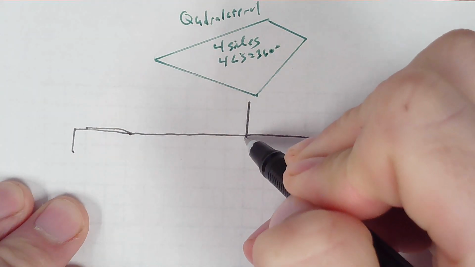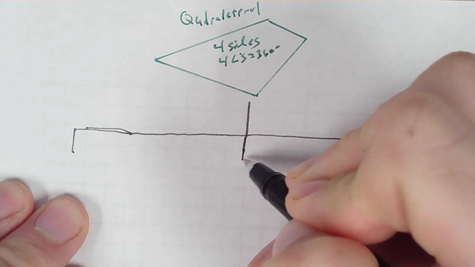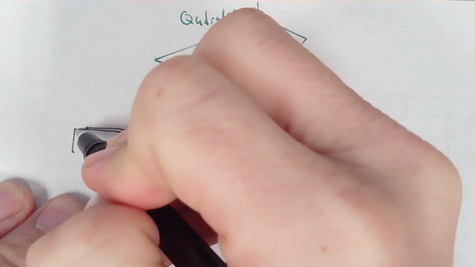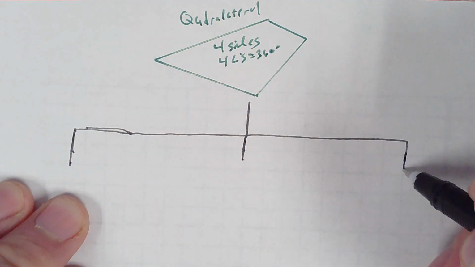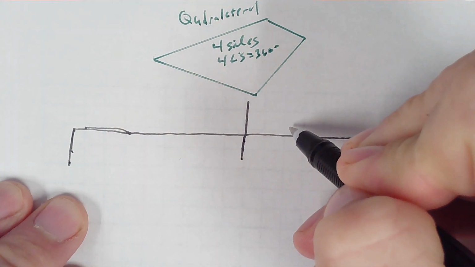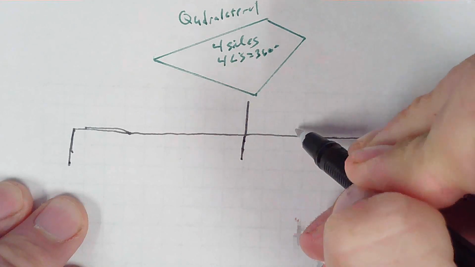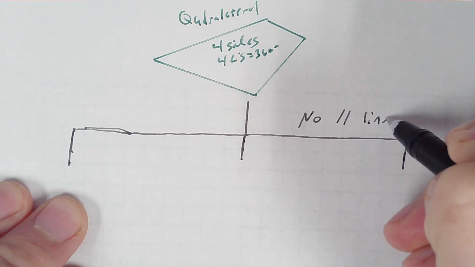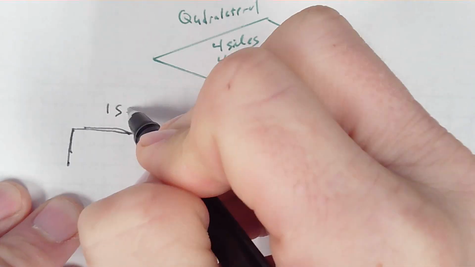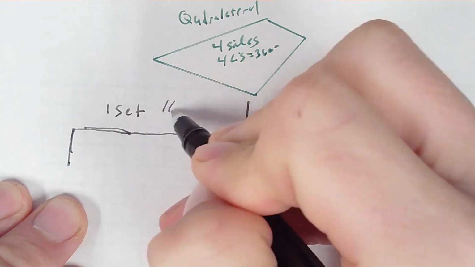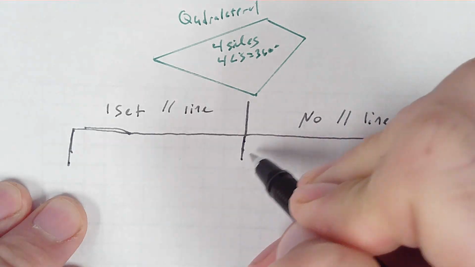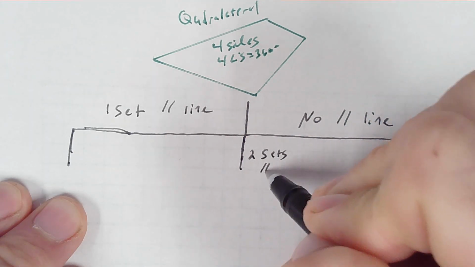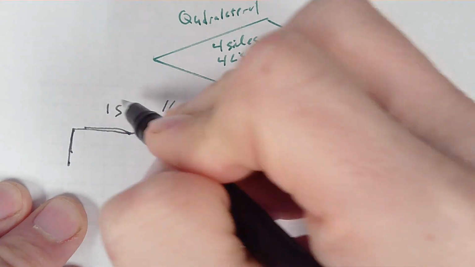We'll break it down into a parallelogram, if it has no parallel lines, only one set of parallel lines, or it has two sets of parallel lines.